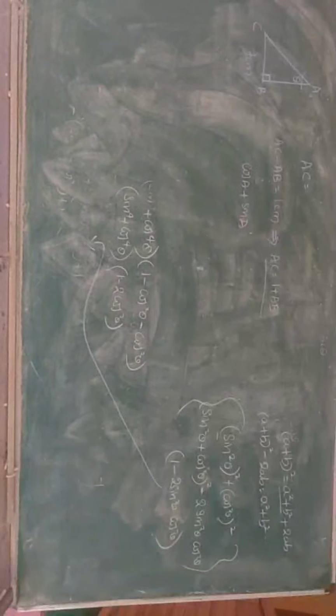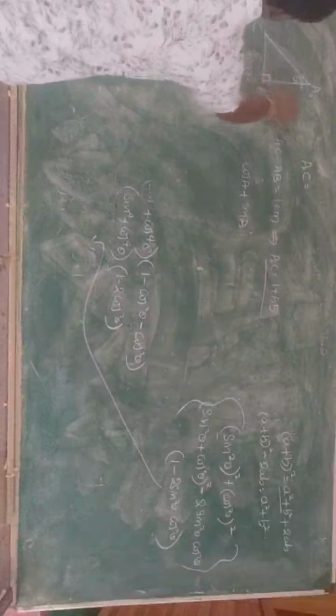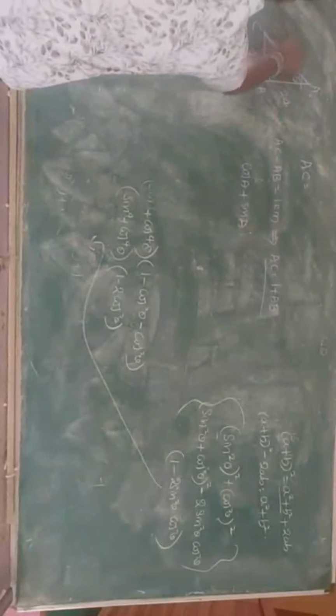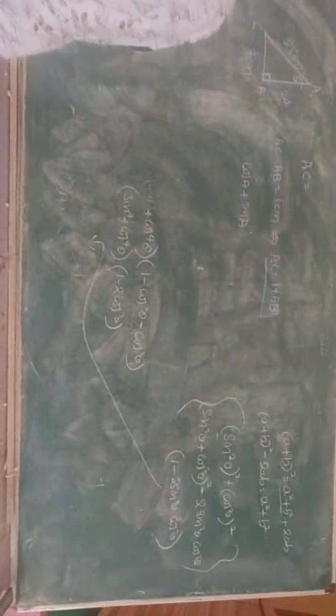Now sin A plus cos A can be calculated. Sin A is opposite upon hypotenuse and cos A is adjacent upon hypotenuse. AB 24, right? AC 25. AC is the longest side. Hypotenuse is the longest side in a triangle.